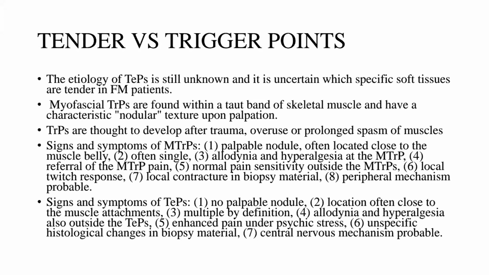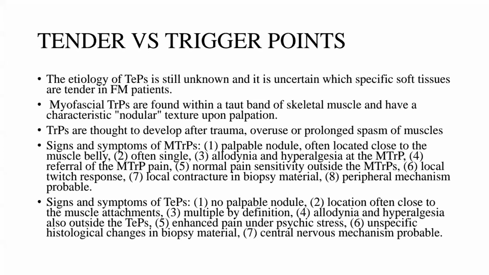With referral from a myofascial trigger point, if you apply pressure on one particular spot, the pain extends to that place and around it also, but it originates from that triggering spot. There is normal pain sensitivity outside the myofascial trigger points. And there is a local twitch response. Sometimes when you apply pressure, you can feel a twitch response followed by a local contraction.